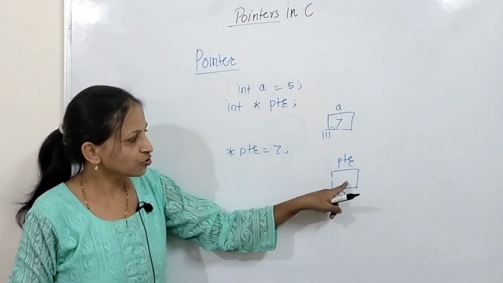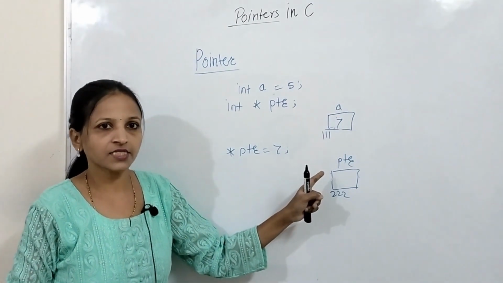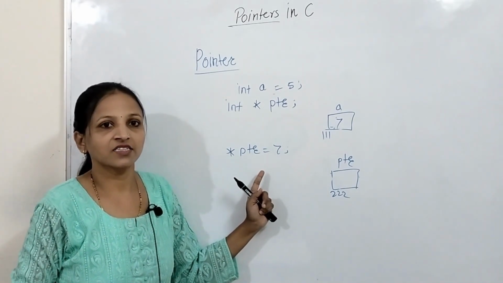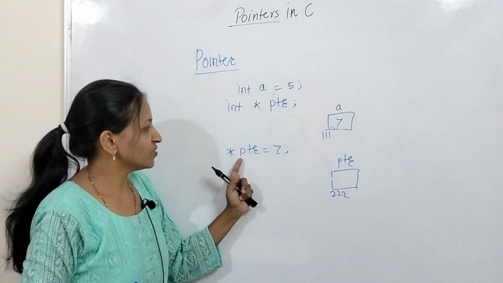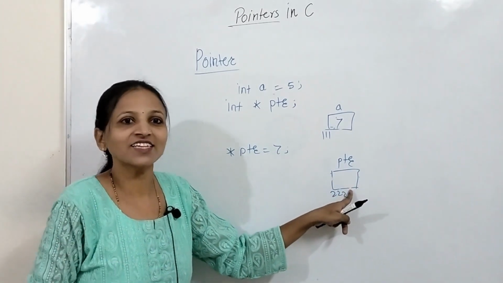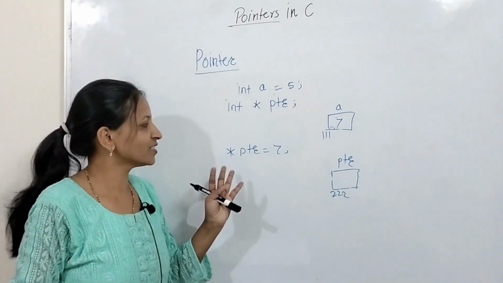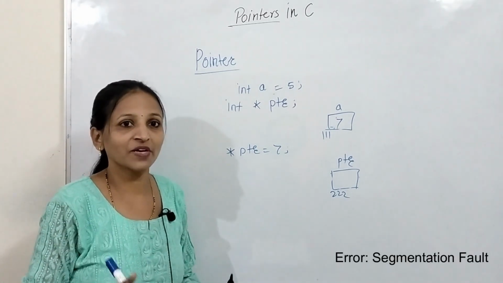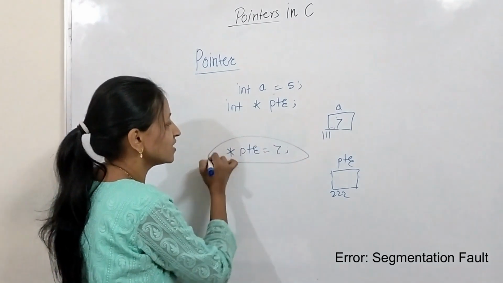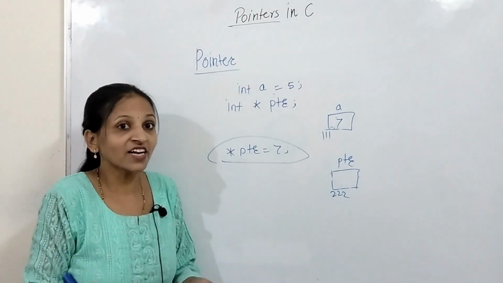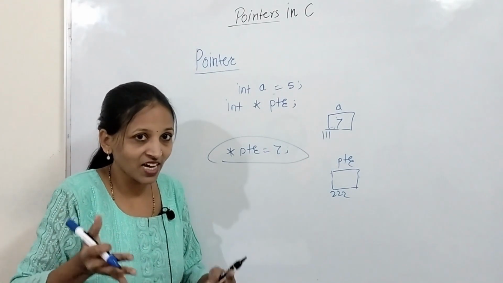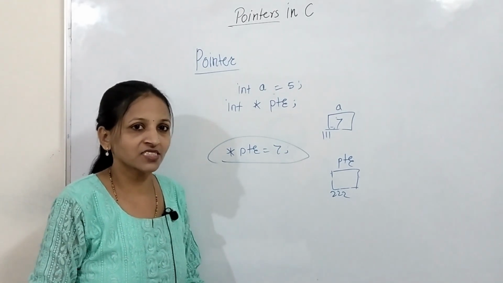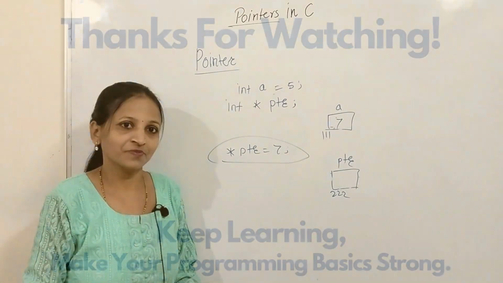Then ptr does not have any address inside it, so you cannot use star ptr. In that case you will get an error. Always keep in mind, don't write like this if ptr does not have any address inside it. This is a very important point.